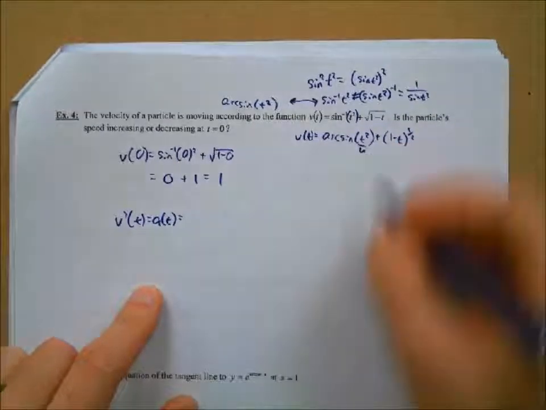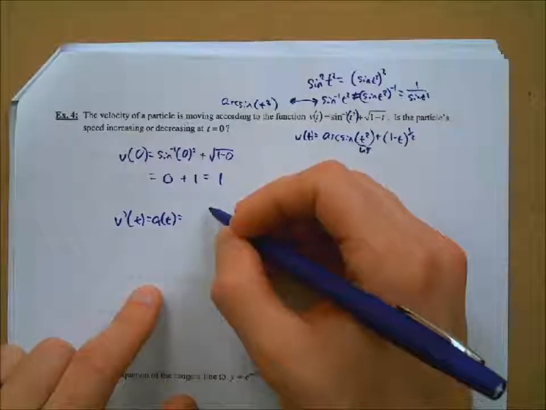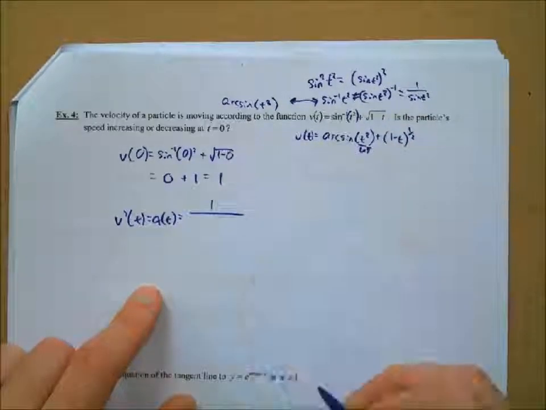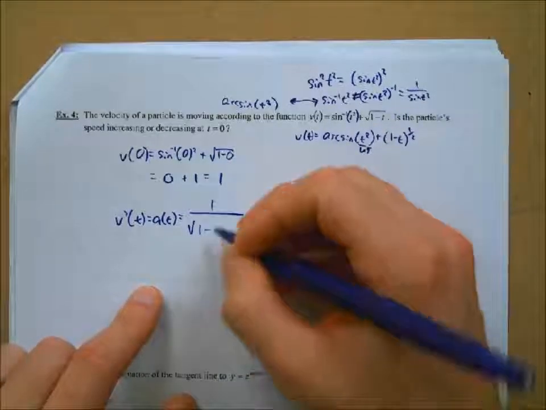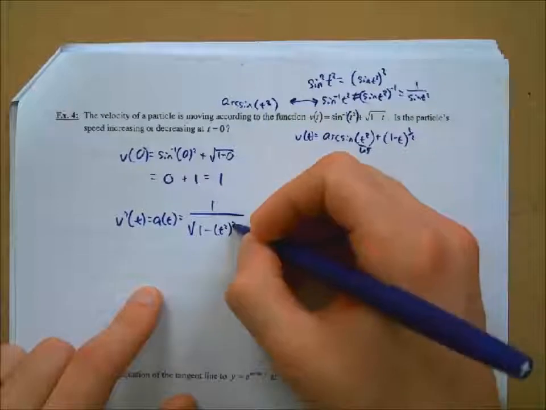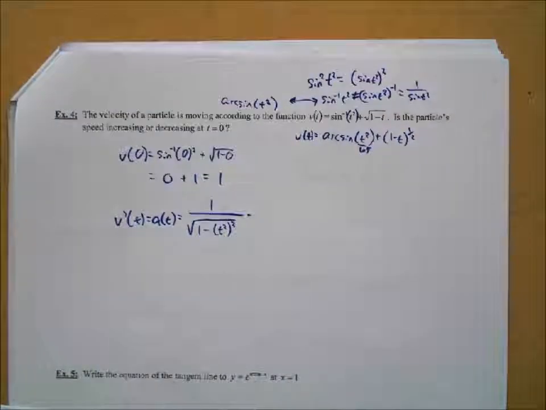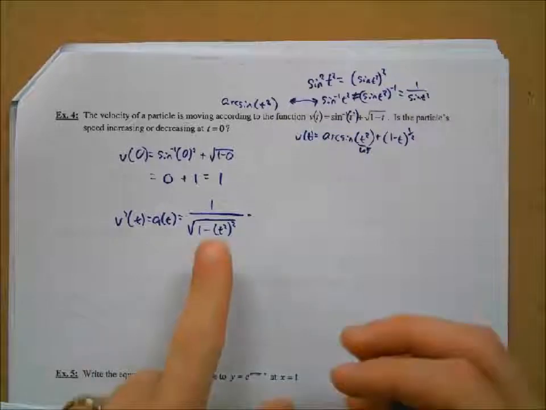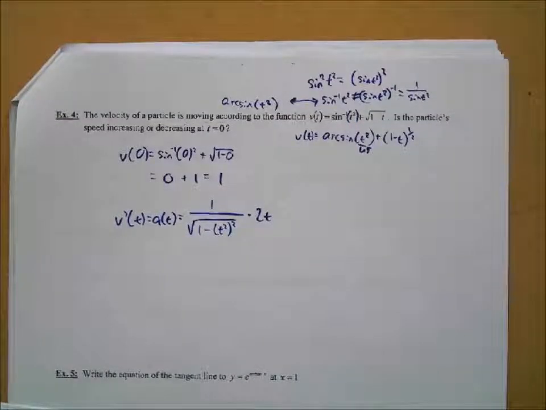So the derivative of arc sine is 1 over the square root of 1 minus u squared, so t squared squared, times u prime, which in this case would be what? 2t. Okay.